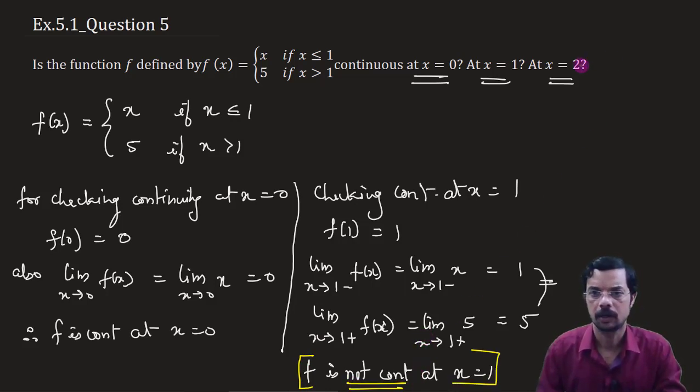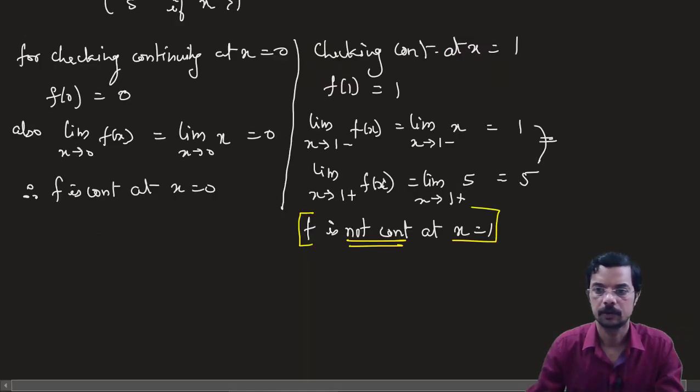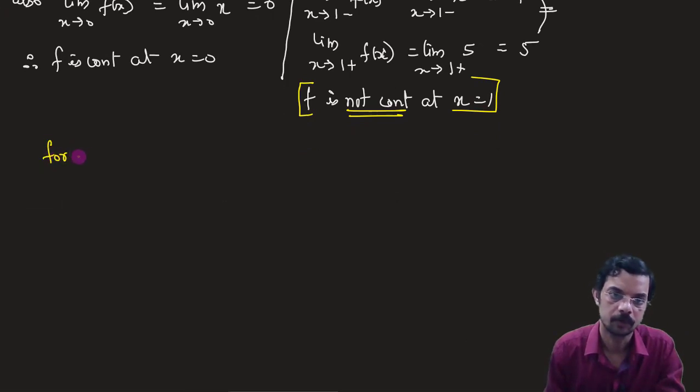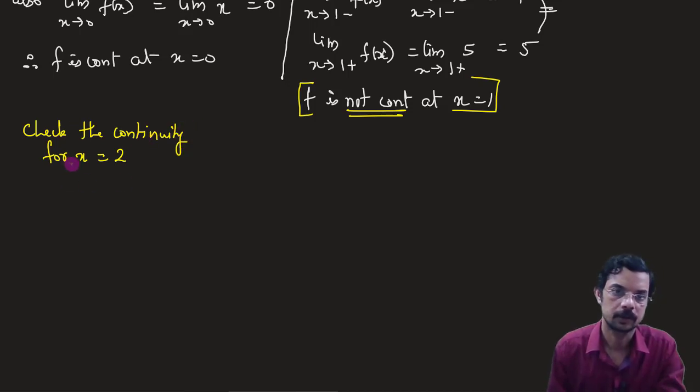Same way we can check for x equal to 2. For x equal to 2, what happens? Let us check the continuity for x equal to 2.